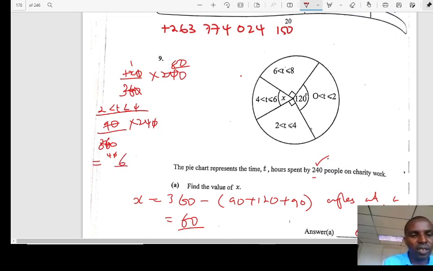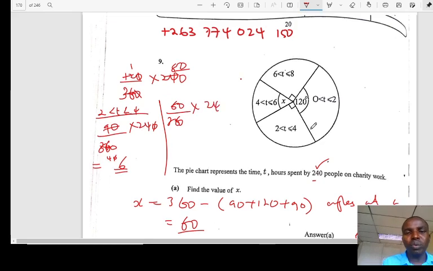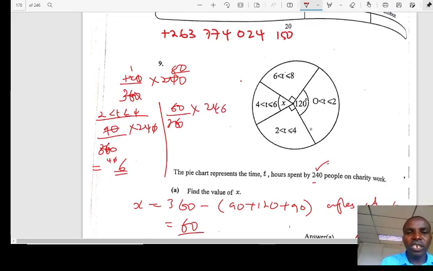So it's 6. Then this one also applies to 6 to 8. So 6 to 8 is 6. Then this one, x is 60 over 360 times 240 people. This one is for the class between 4 and 6, right? 6 into 36 is 6, 6 into 24 is actually 40. So it's 40.